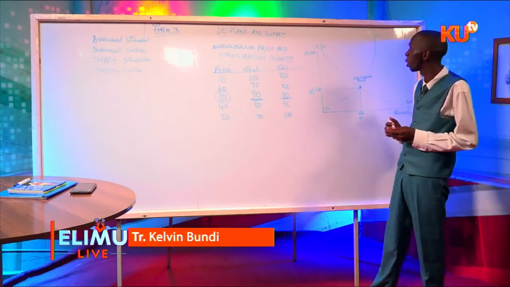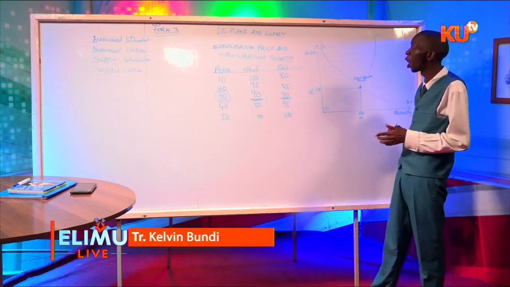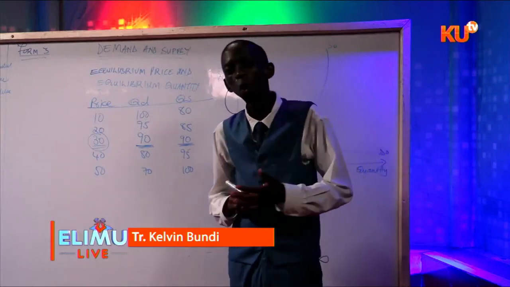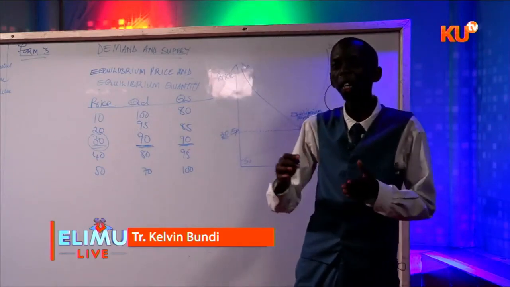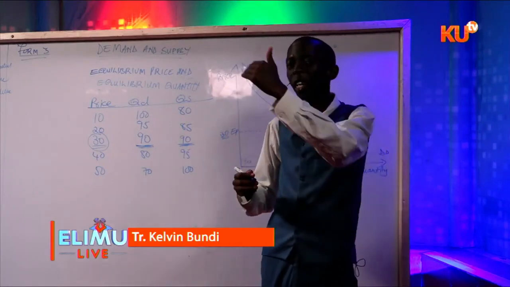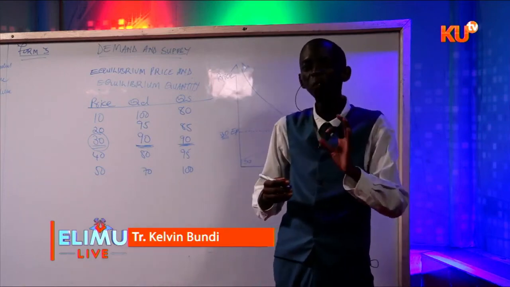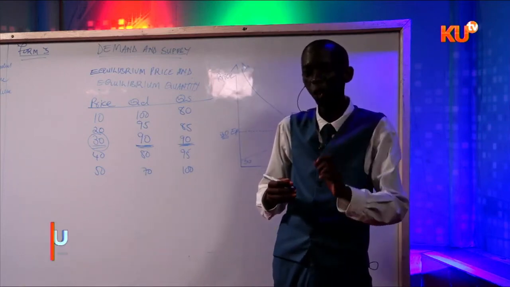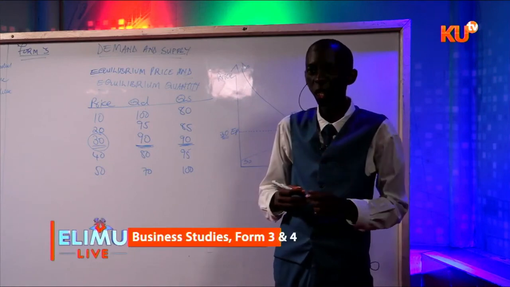But this is a question that you may be asked on the equilibrium point. How would a shift in the demand curve to the right and to the left affect the equilibrium point, price, and quantity?